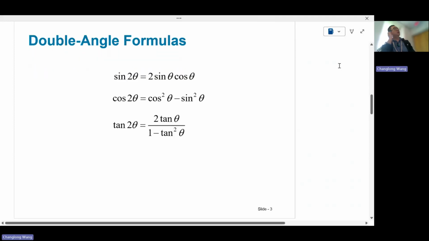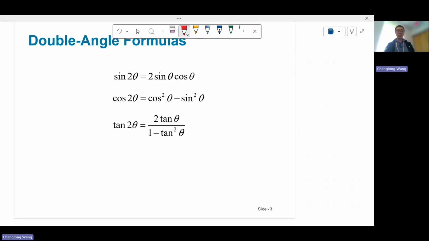All right, so now let me remind you of what we did last time. We have the double angle identities for sine, cosine, and tangent. And unfortunately, for cosine 2 theta, there are two more variations.